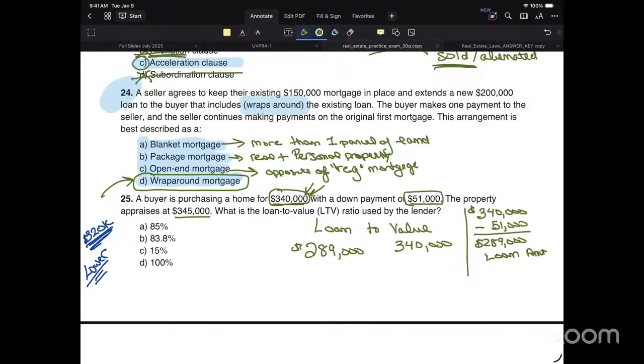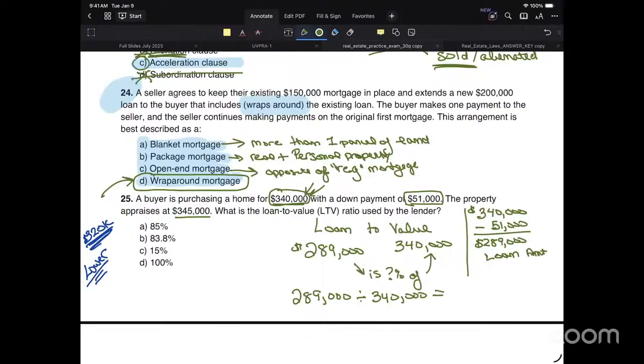So we're basically saying $289,000 is what percent of $340,000, which means we can say $289,000 divided by $340,000.